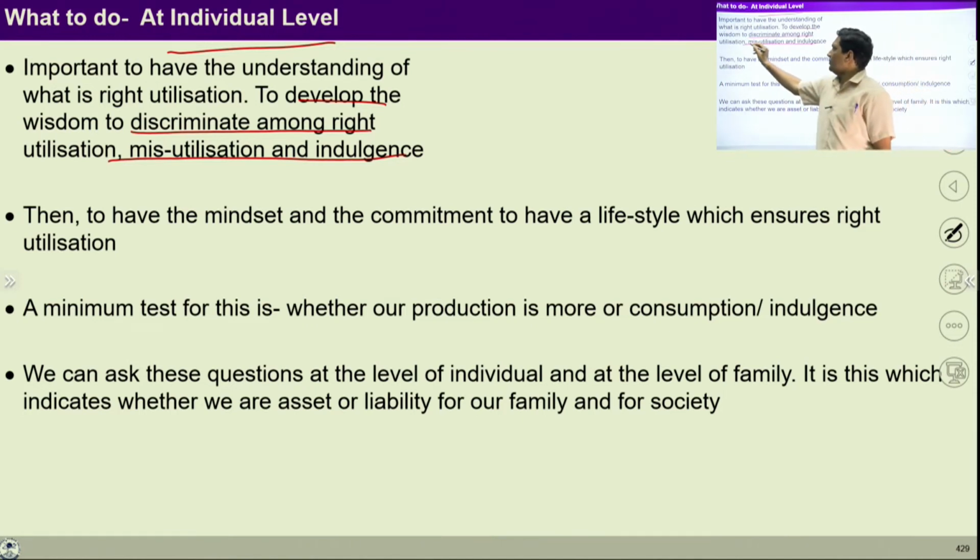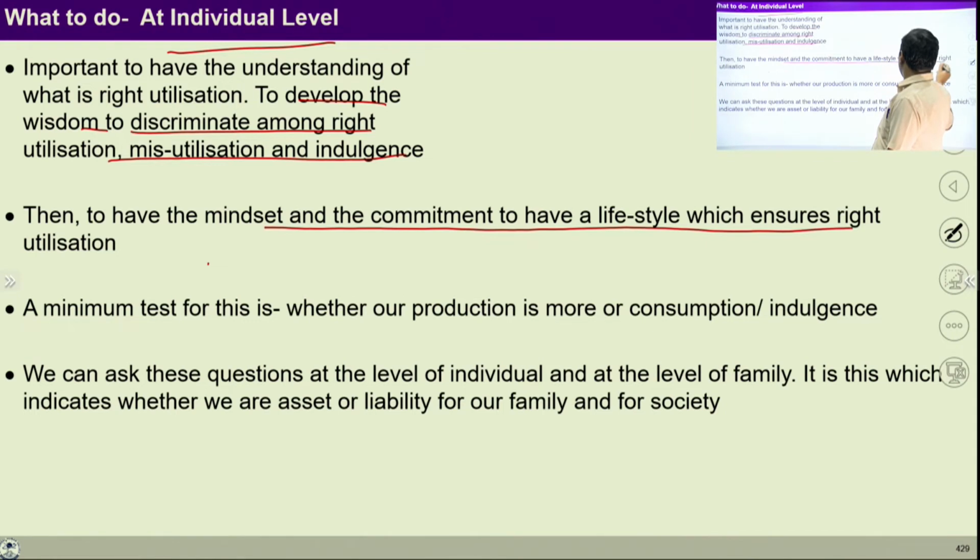In the absence of this wisdom, many people are indulged in sensual pleasures, are indulged in a show-off type culture where they are wasting resources. So if we are able to develop such wisdom, it will help people to discriminate among right utilization, misutilization and indulgence. Then to have the mindset and commitment to have a lifestyle which ensures right utilization.